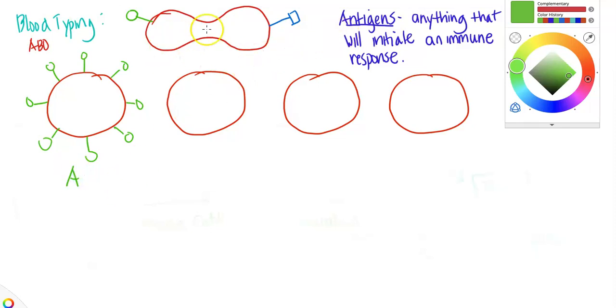On this cell, this little antigen is on here, and only this antigen is on here.